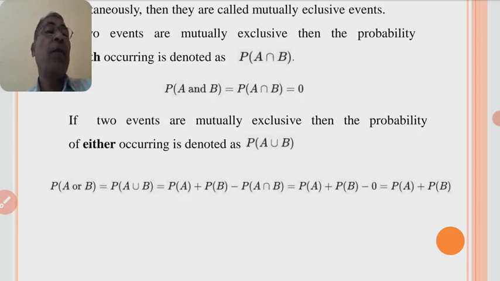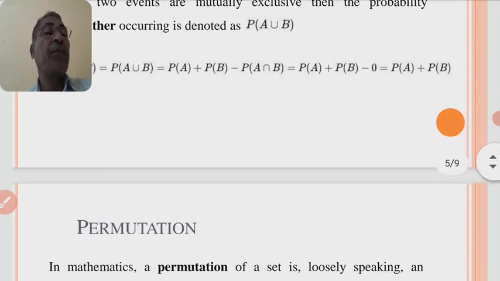As the probability of A and B is equal to 0, the two events are mutually exclusive, and therefore we get the probability of A or B equal to probability of A plus probability of B.